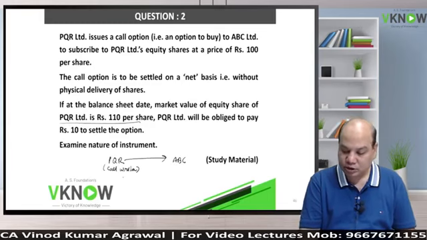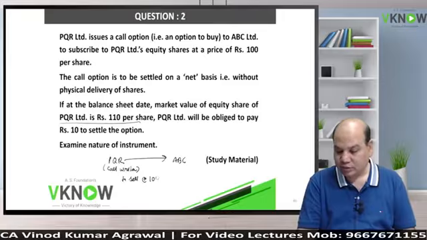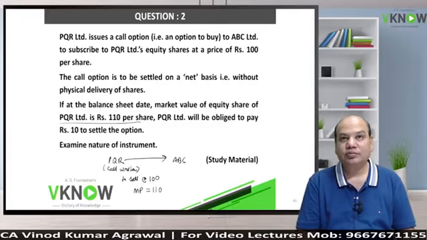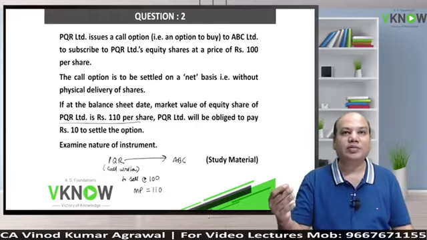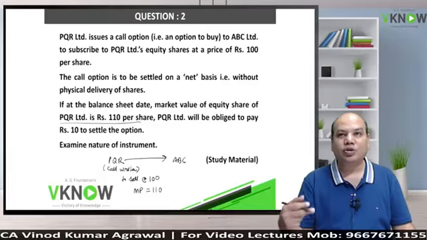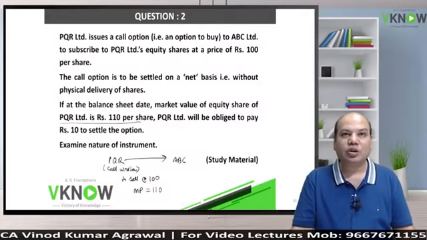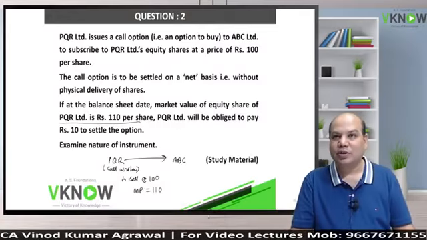A call option means an obligation to sell at 100, but the market price has become 110. So you will sell at 100, you will receive 100, but the market value of the same item is now 110. So the call writer has to pay the differential of 10 rupees to the call buyer. That is how a call option works.